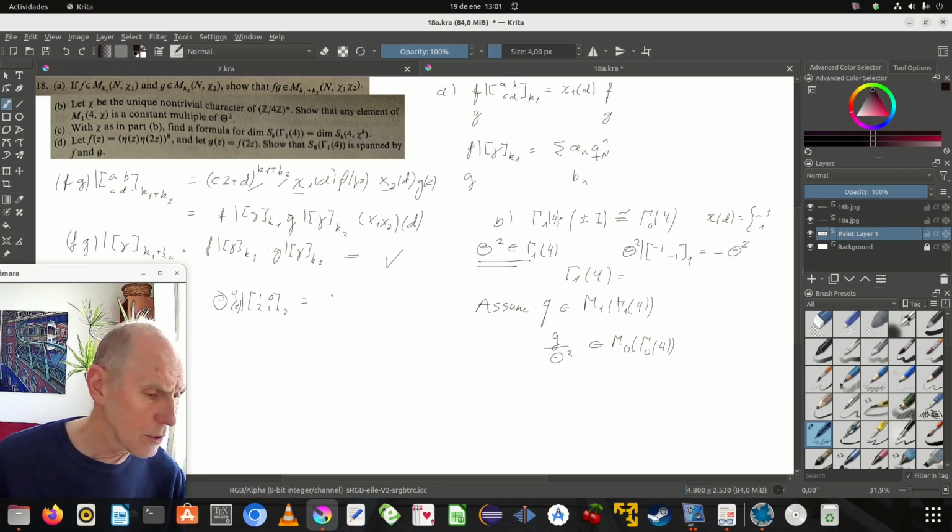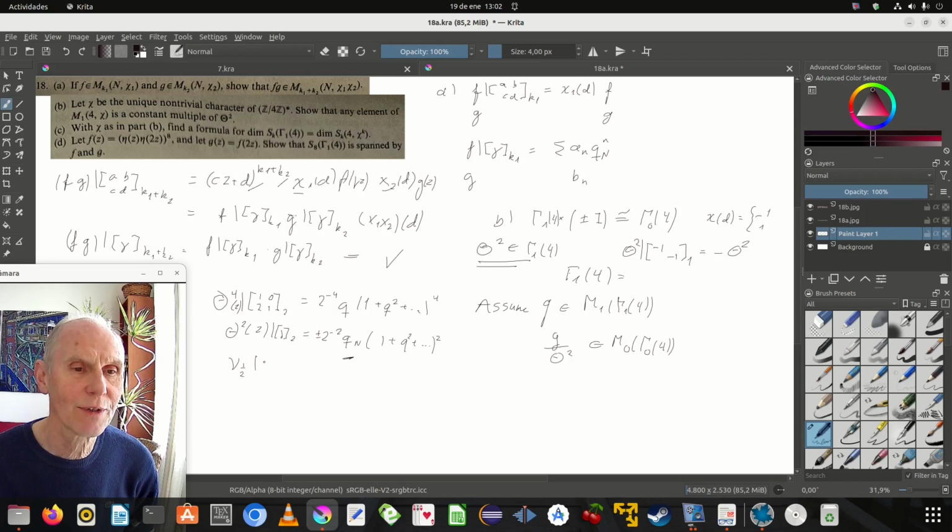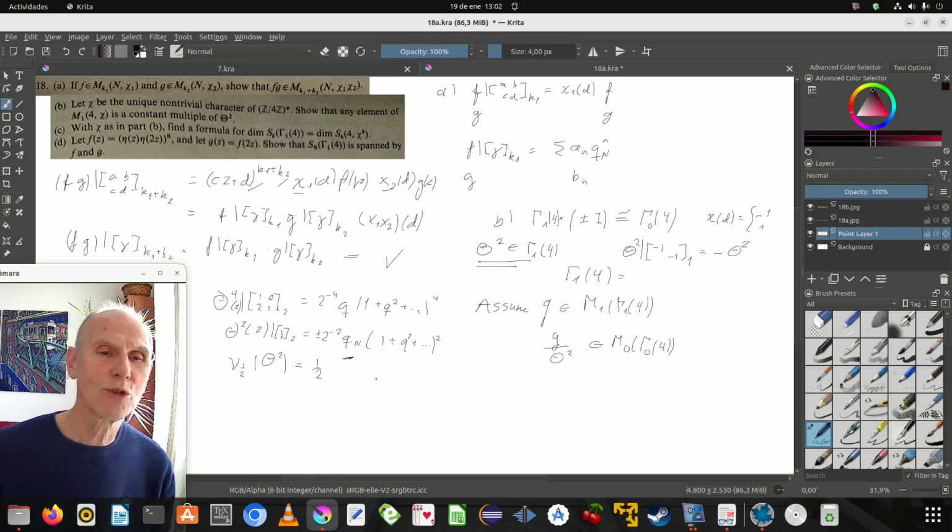And that means that theta squared plus minus 1/4 Q2 squared, meaning that the order of the zero at 1/2 of theta is 1/2, which agrees with k equals unity.